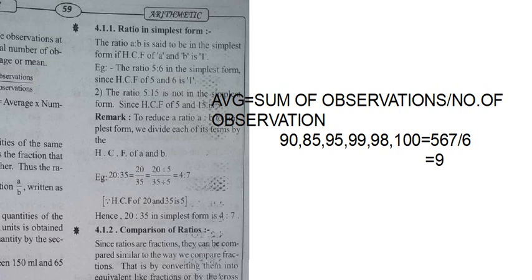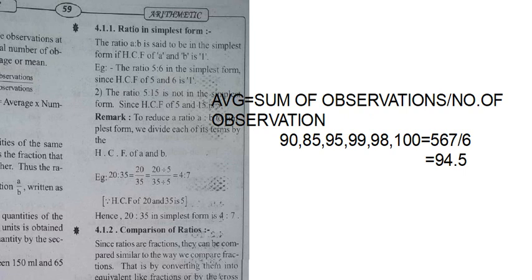So this is 96 point some value. This average number will give the average of whatever marks you got. Individual marks are like this, and this is your particular average. Your average is approximately 96. So this is the meaning of the average, guys.